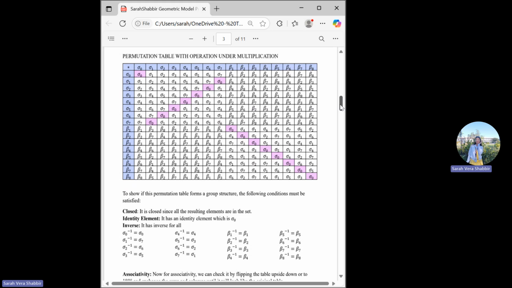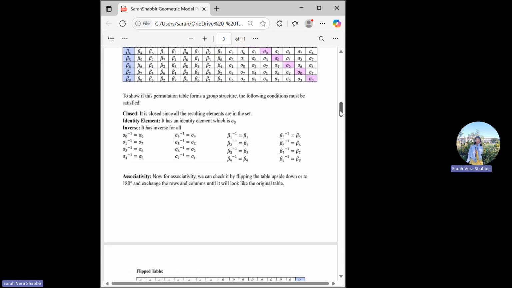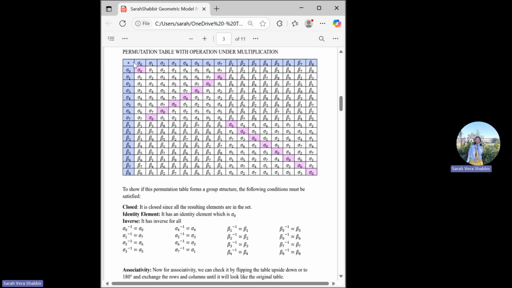Every composition of symmetries results in another element of Z, meaning it is closed since all the resulting elements are in the set. Now let's identify the identity element. The identity element here is sigma sub 0, and the inverses are here where we can find the identity element.